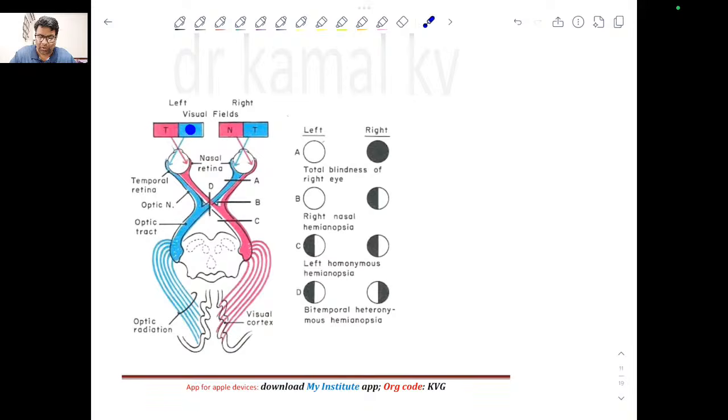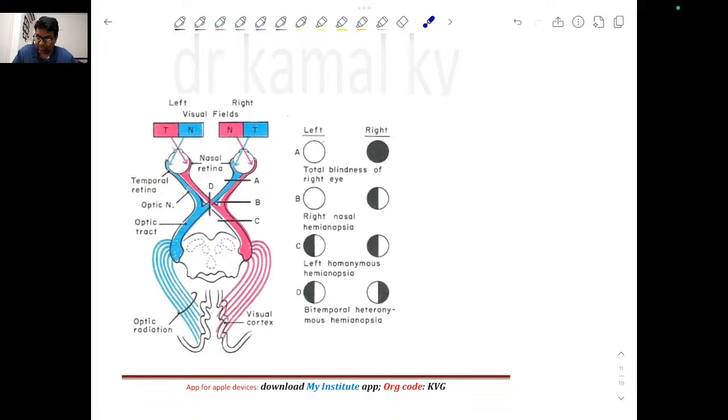So from the nasal field of vision, the impression is created on the temporal half of the retina of the left eye, and from the temporal field of vision, the impression is created over the nasal half of the retina, and the fibers responsible for image perception are the nasal ones, right? And then the nasal fibers will cross onto opposite sides. So this point is the optic chiasma, and when there is a lesion of the optic chiasma, there is bitemporal hemianopia.